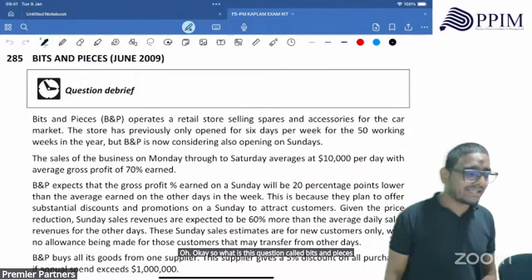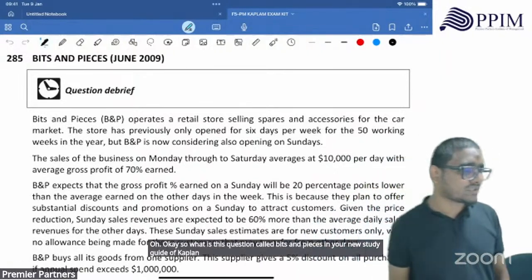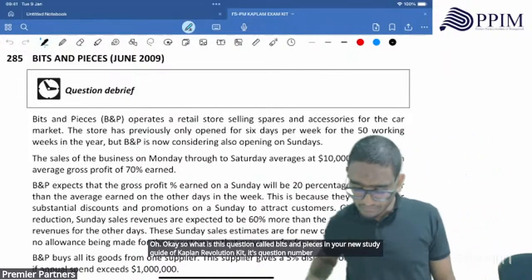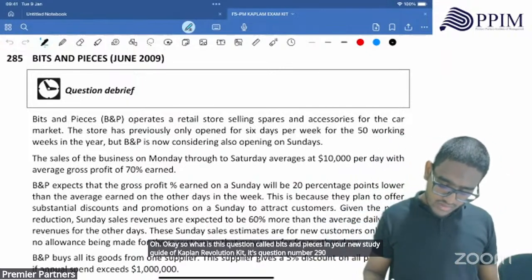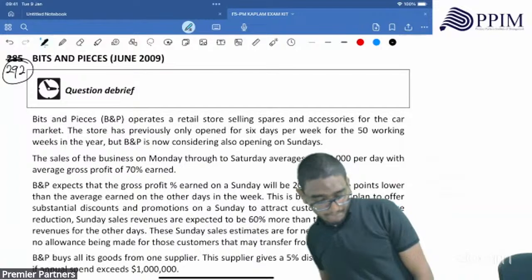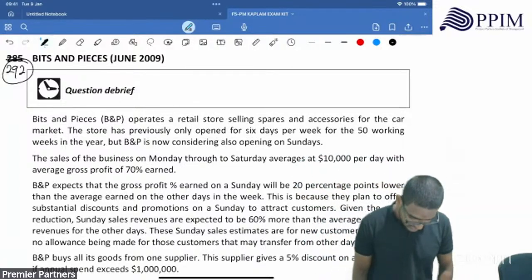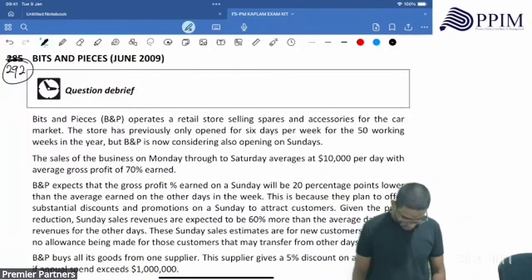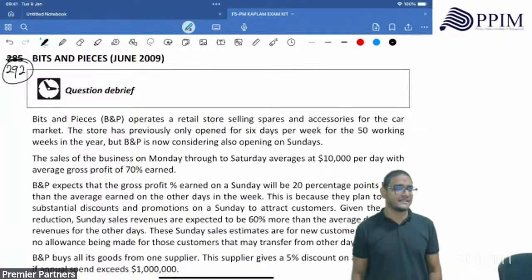In your new study guide or Kaplan revision kit, it's question number 292. So it's an interesting question and requires some thinking.